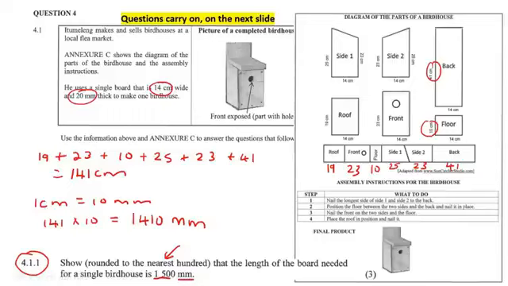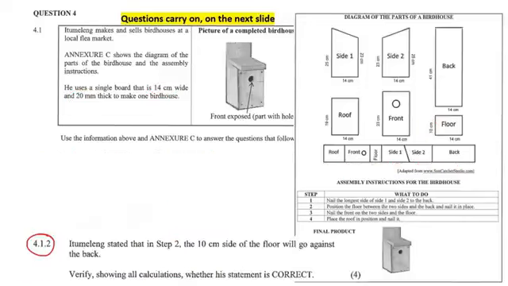So if you rounded it down, you wouldn't have enough wood. So what they actually mean is round it upwards to the nearest 100, and so that's where they're getting the 1,500. So if Itumeleng had to go to the shop, he would ask them for a 1,500 millimeter piece, because they probably sell it in 1,500 millimeter pieces, and then they can cut it for him, or he can cut it. But yeah, so that's how they got the 1,500 millimeters.